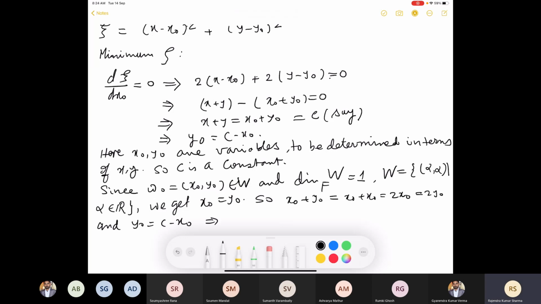This makes that twice of x naught, which is also twice of y naught, is c. That means x naught and y naught are equal and are equal to c by 2.